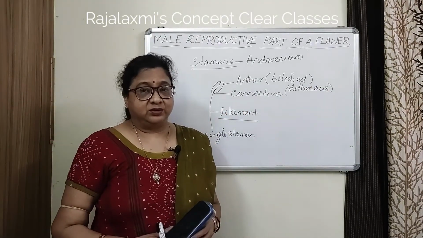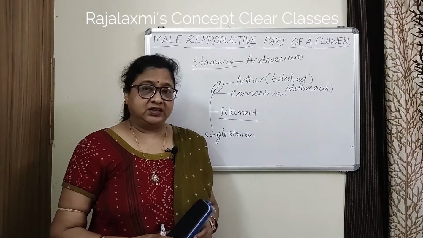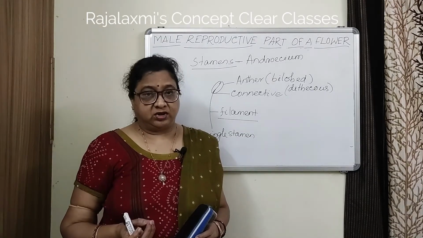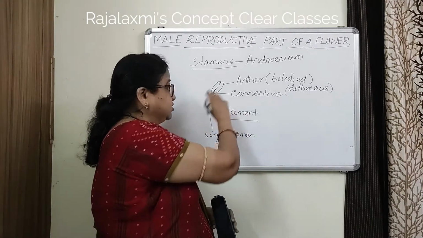So the anther of the maximum flower are bilobed or dithecous. The male reproductive unit or the microspores or the pollen grains are formed inside the anther.